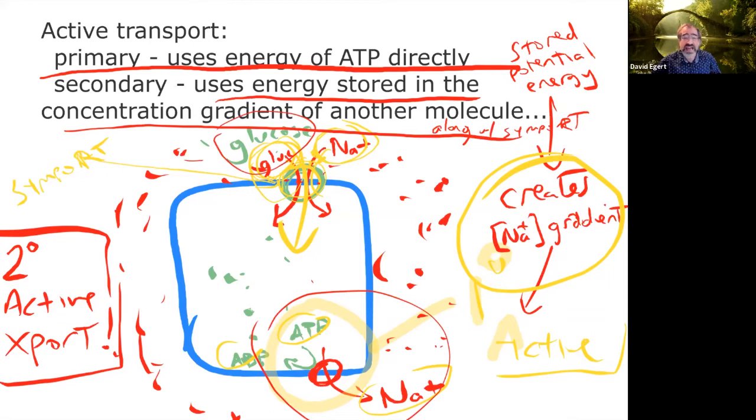So it's still active transport because you're using energy, but the energy is not from ATP directly. The energy is from a concentration gradient, which was created by ATP before, but it's not using ATP at the site of the pumping right now.